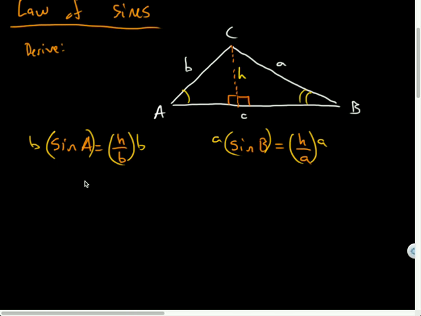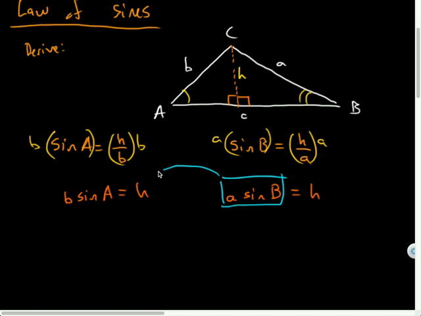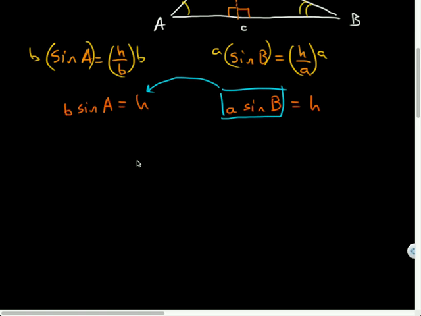I would get B sine A is equal to H, and over here I get A sine B is equal to H. If both of those are equal to H, then they're equal to each other.